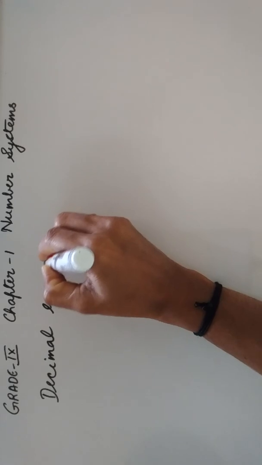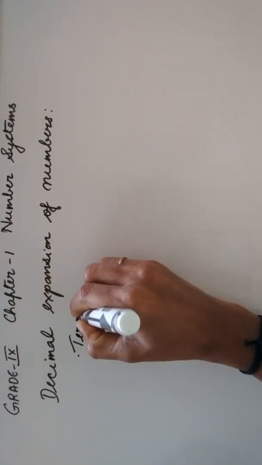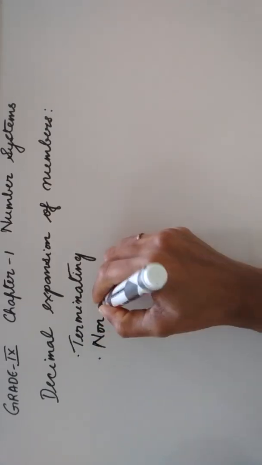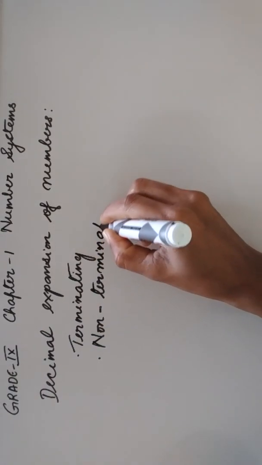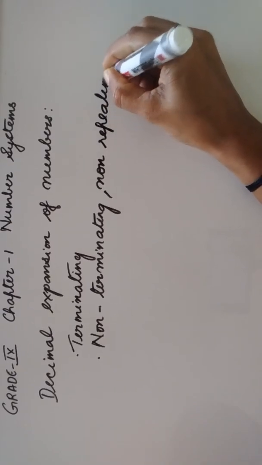Decimal expansion of numbers. The decimal expansion of a number can be either, I told you all, terminating, second one, non-terminating and non-repeating, or we can say non-recurring also.